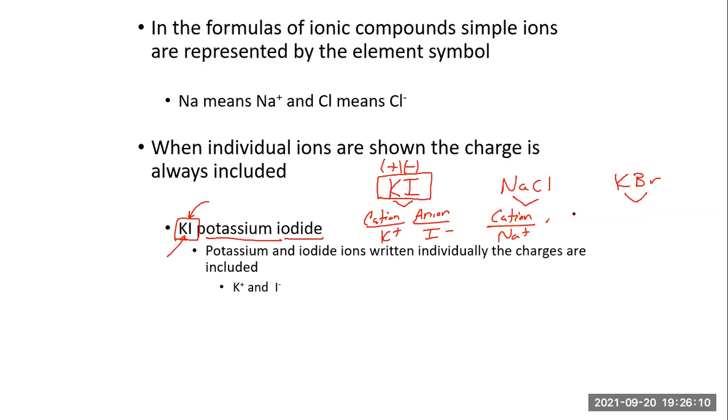The anion would be Cl minus, again, +1 -1. Absolutely no charge needed. And that's why we just have one of each of those. Here, potassium bromide, again, cation would be K plus, anion would be Br minus, +1 -1. Again, absolutely no need for any type of charge.